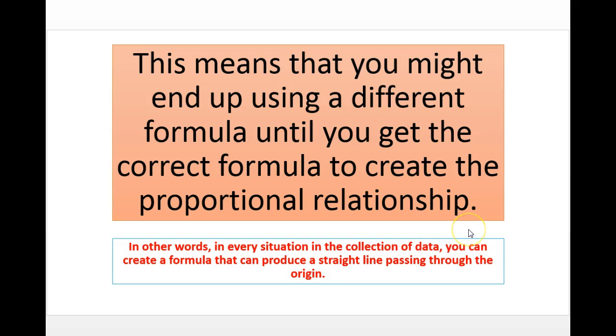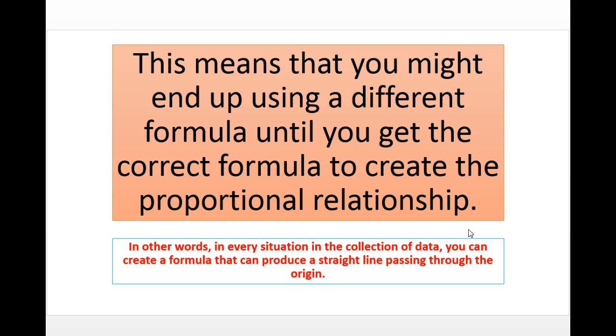This means that you might end up using a different formula. You're not using the formula y is equal to k over x, because that would create a curve with a negative slope.